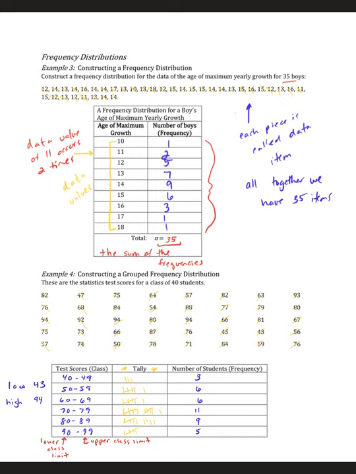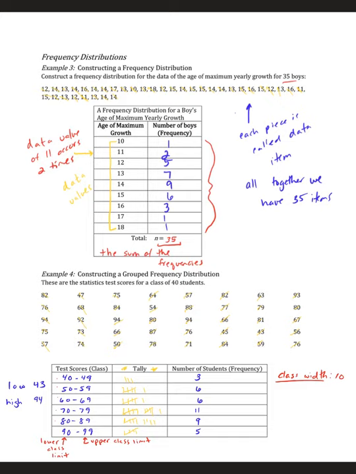Now, another vocab word you need to know is what we call class width. What this does is tell us how big each of our classes are. We're going to say the class width here is going to be 10. And how you find this is it's going to be the difference between any 2 consecutive lower class limits.